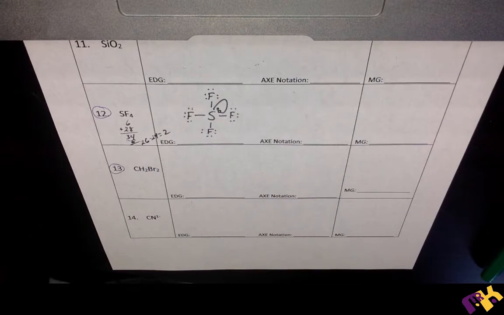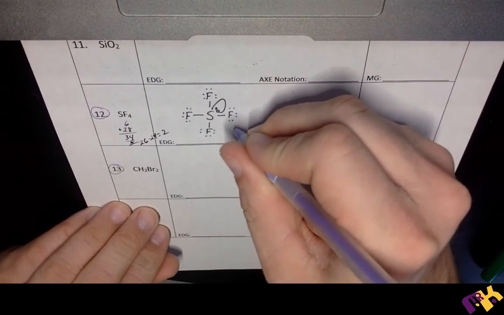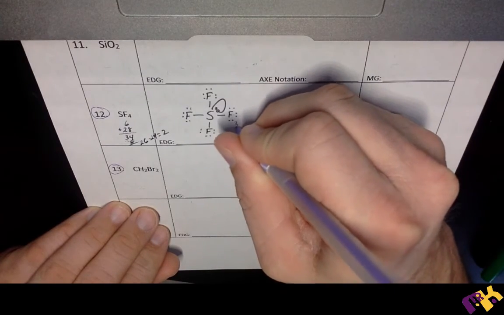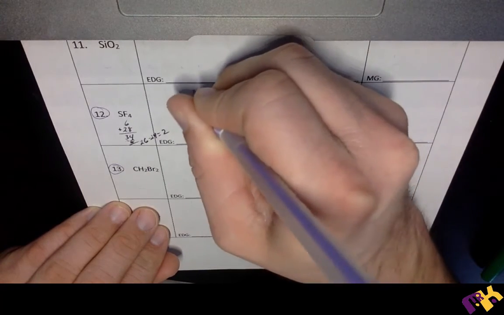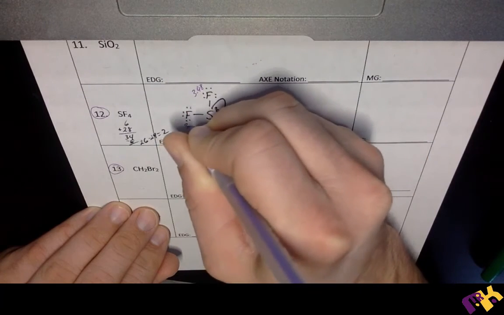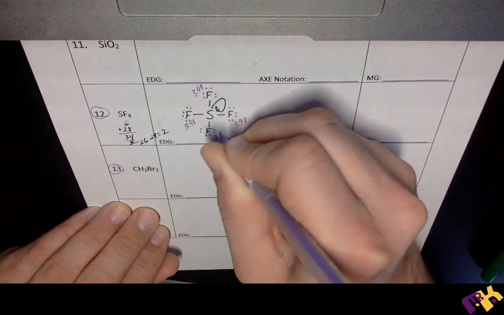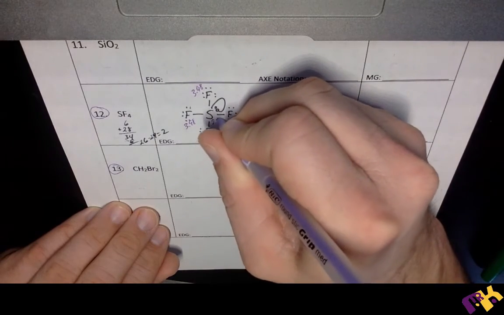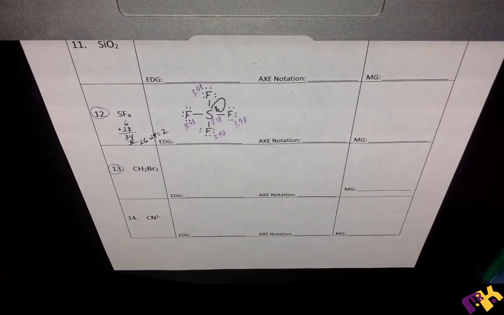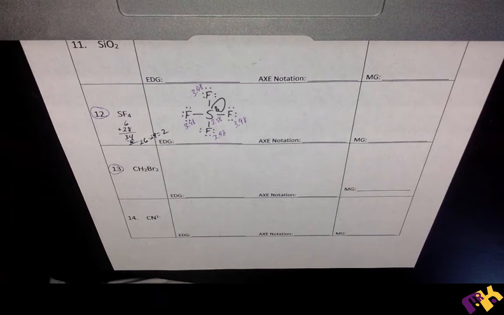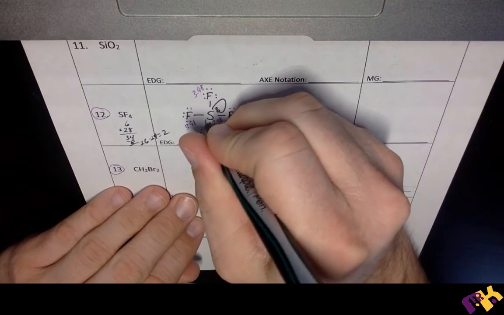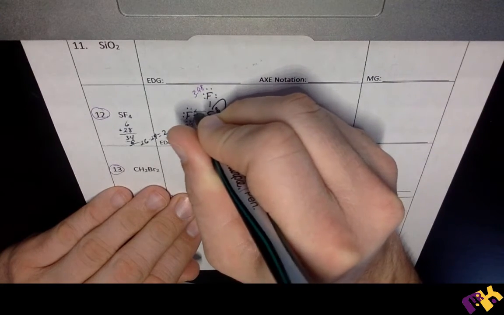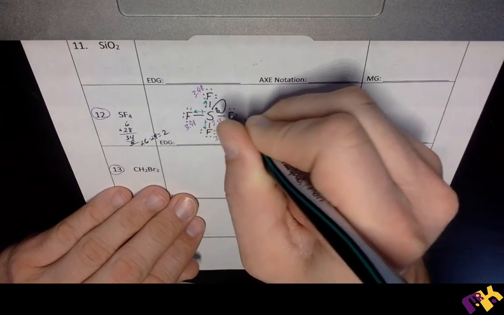As far as electronegativity values go, fluorine is always 3.98, and sulfur is 2.58. So there's definitely a difference there, a significant one at that, and these dipole arrows will point out to the fluorines.